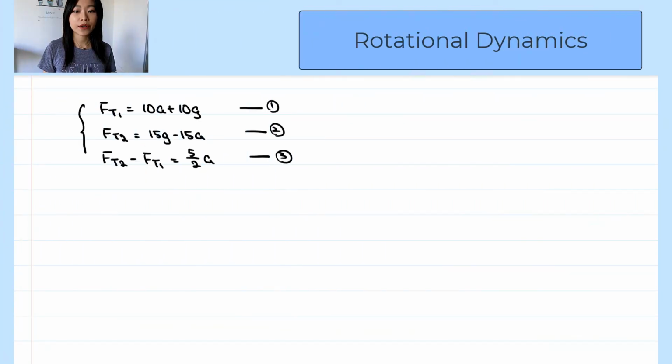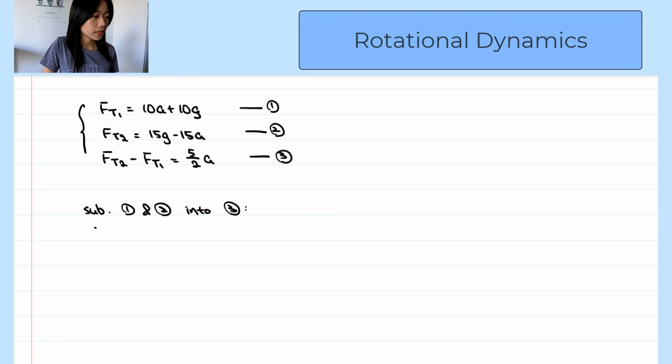Now we have 3 equations with 3 unknowns. The unknowns are the first tension force, the second tension force, and the acceleration. So we have a closed system. To find the acceleration, let's substitute equation 1 and equation 2 into equation 3.